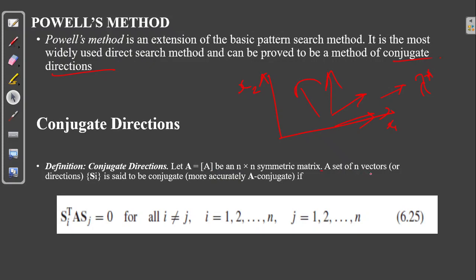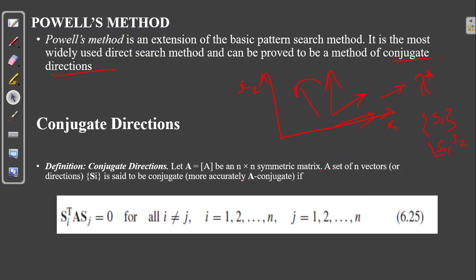And a set of n vectors, the same n as the number of variables, a set of n vectors or directions, is denoted by the set Si. For n equal to 2, we have S1, S2.